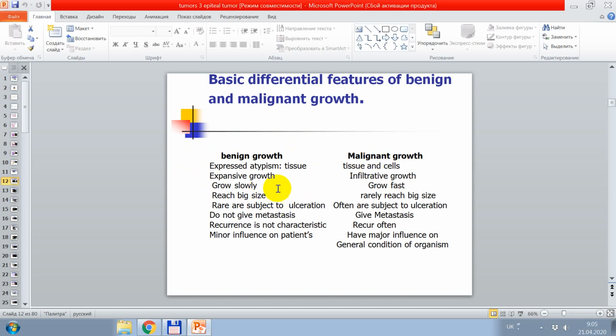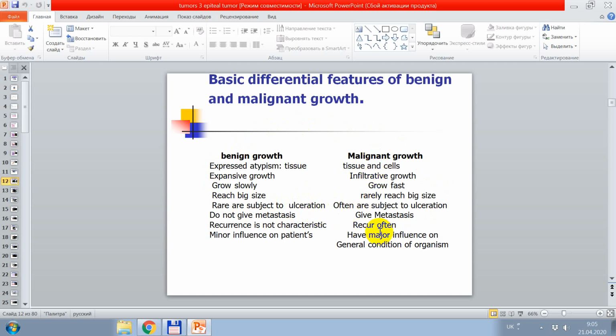Expansive growth is in a benign tumor and infiltrative growth in a malignant tumor. Benign tumors grow as a rule slowly, and malignant tumors grow fast. Benign tumors reach big size, malignant tumors rarely reach big size. Benign tumors are rarely subject to ulceration and other secondary change.